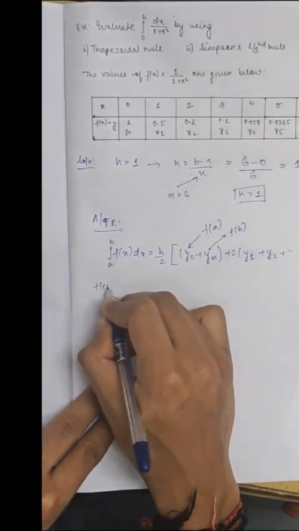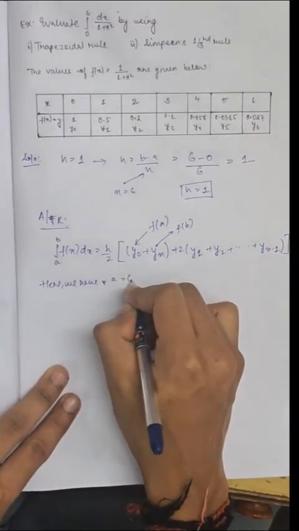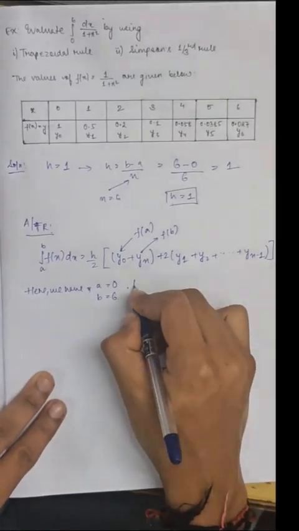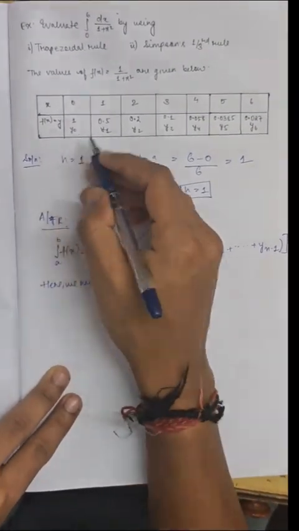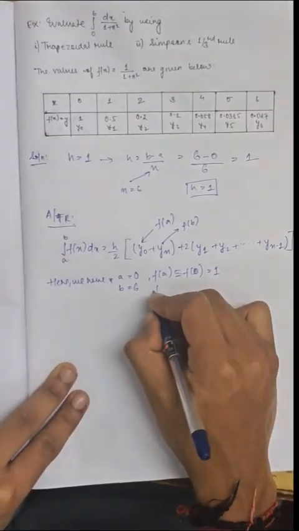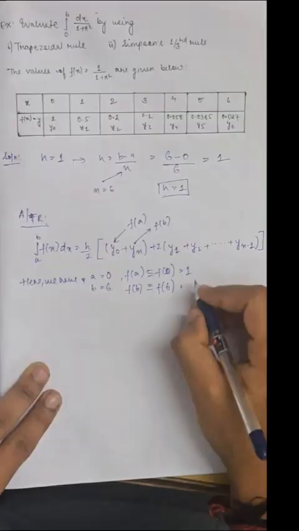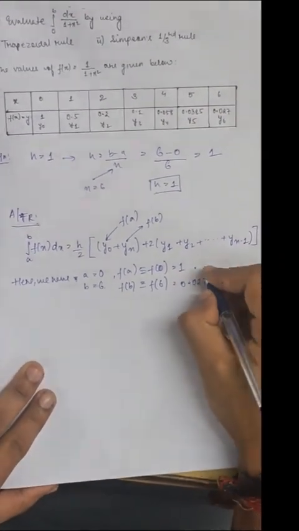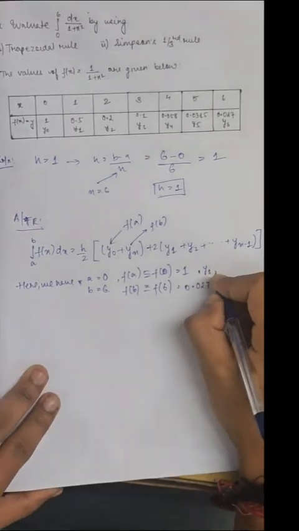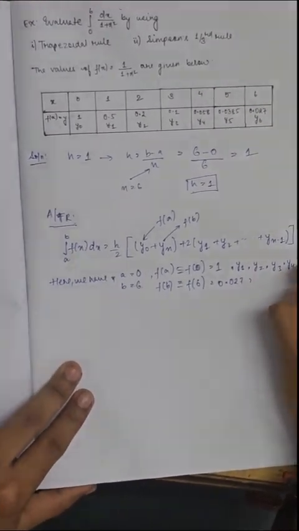Here we have a is equal to 0, b is equal to 6, and f of a, or you can say f of 0, is given here, which is equal to 1, and f of b, which is the same as f of 6, is given as 0.027. Correspondingly, we have values of y1, y2, y3, y4 and y5.